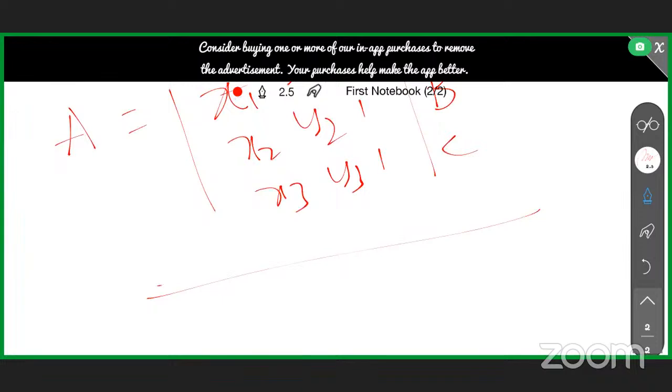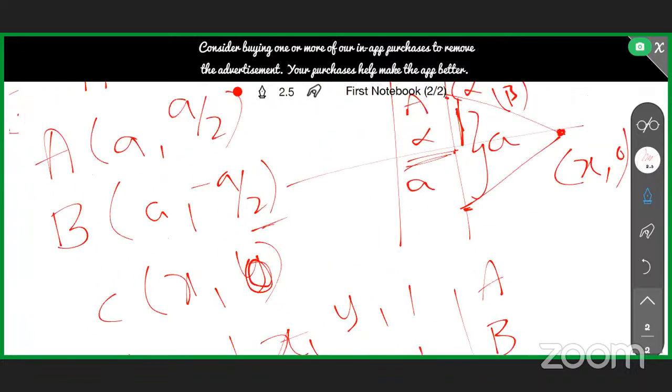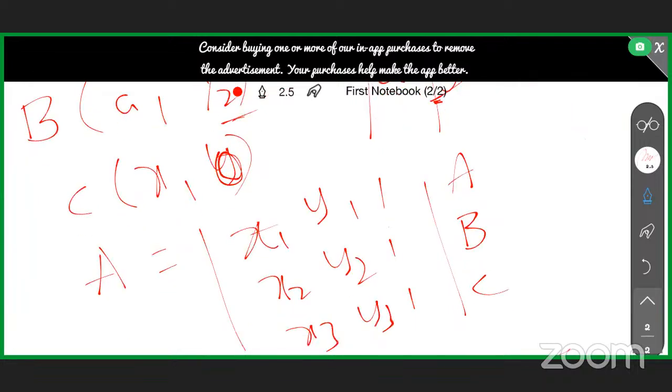Let us see what straight line equation we're getting. A square by 2? No, sir, wait, that is completely wrong.